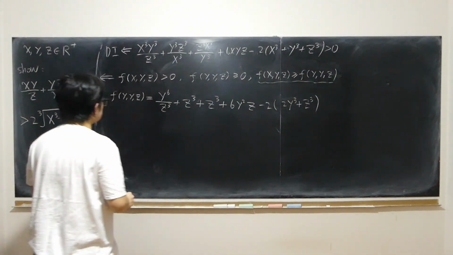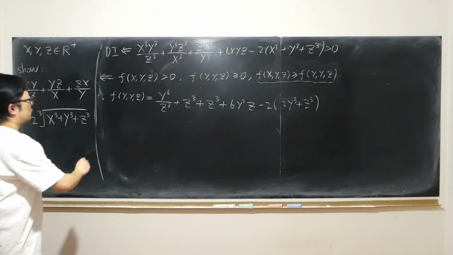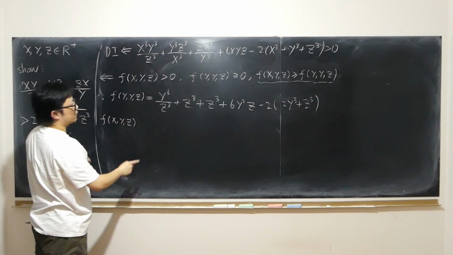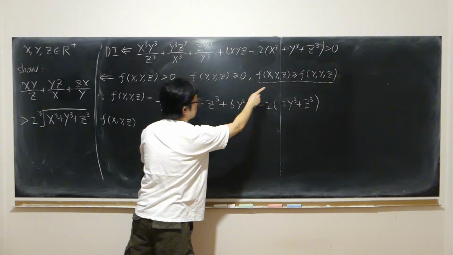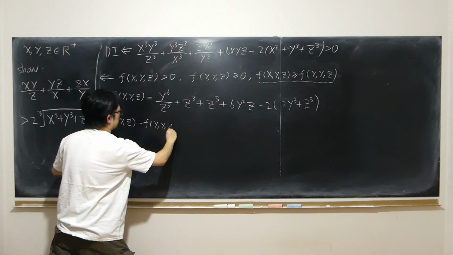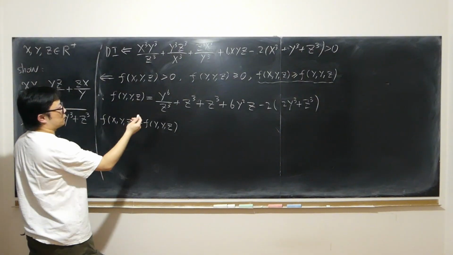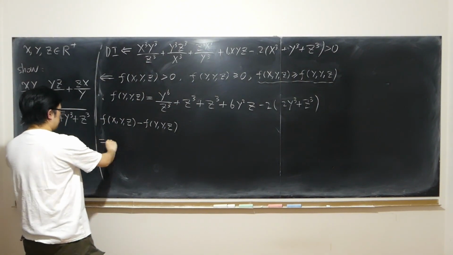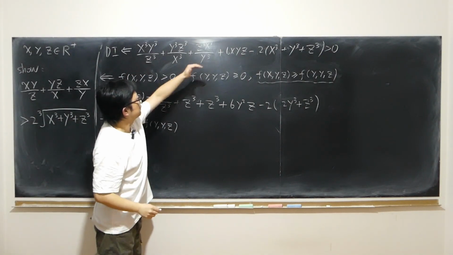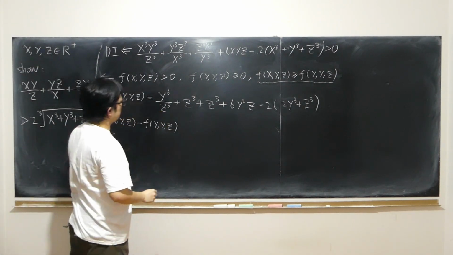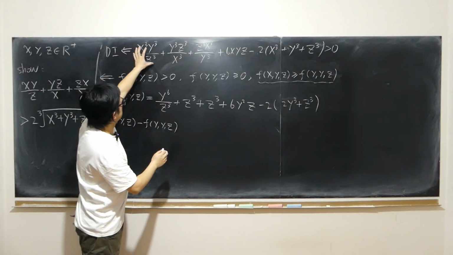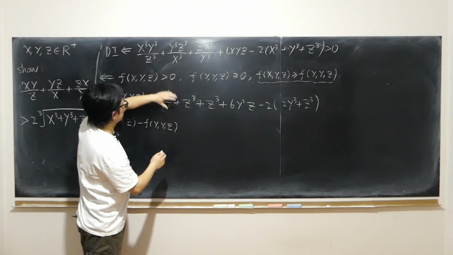I want to show f of x, y, z is greater than f of y, y, z. So this minus that, is it greater than or equal to 0? Like I said, f of x, y, z is this and f of y, y, z is that. When you subtract, I'd like to subtract correspondingly to their original terms, in their original position.